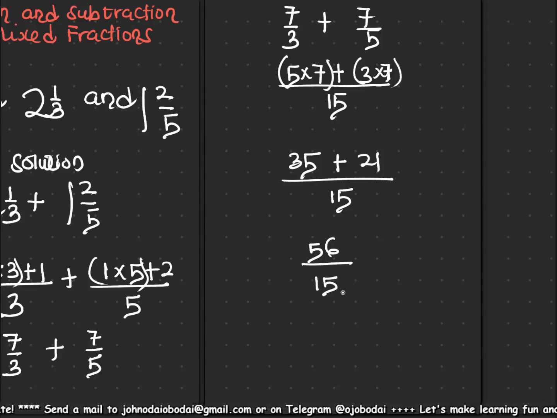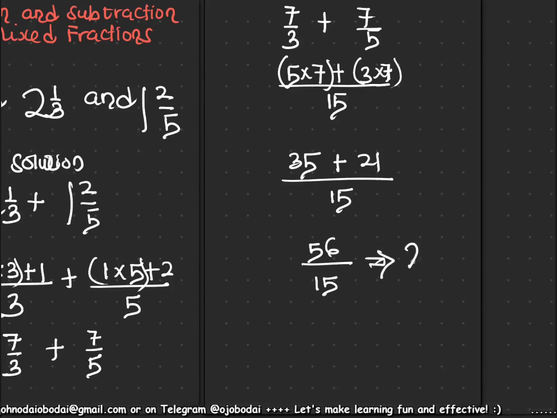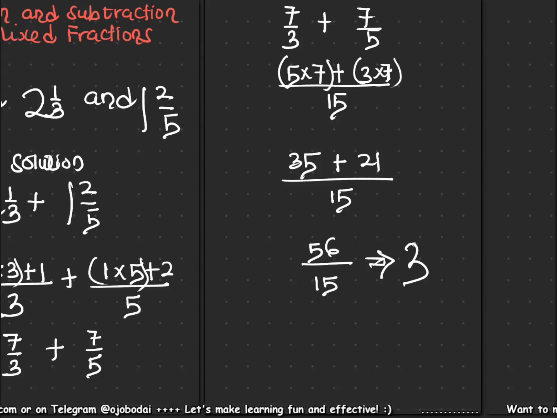But as we have said, if you are done evaluating, make sure you convert it into its simplified form. So this here can be simplified as a whole number. That is 15 dividing 56. You can do the long division. 15 divides 56 how many times? 3 times. And 15 times 3 gives us 45.